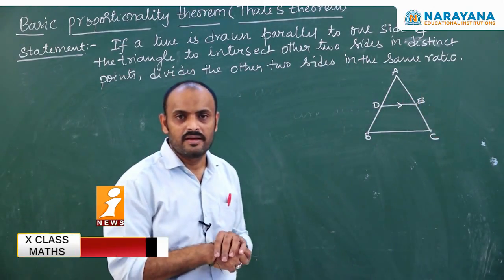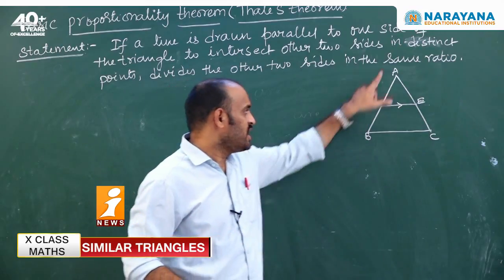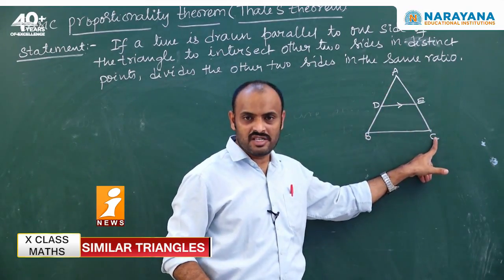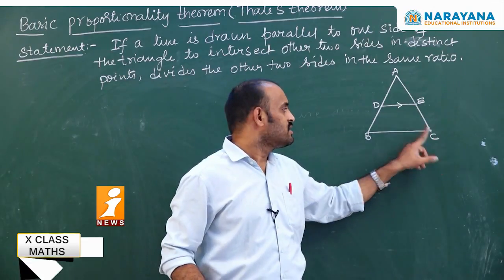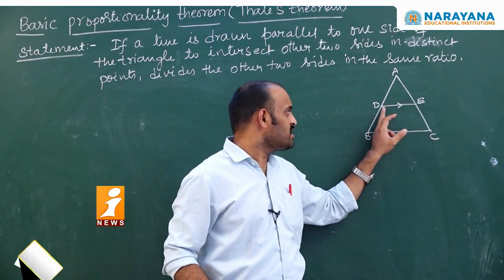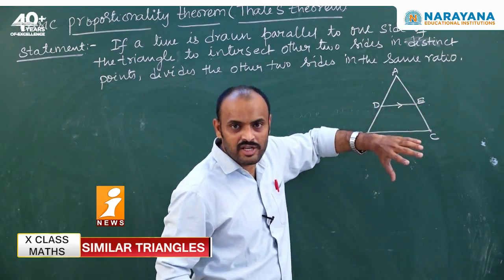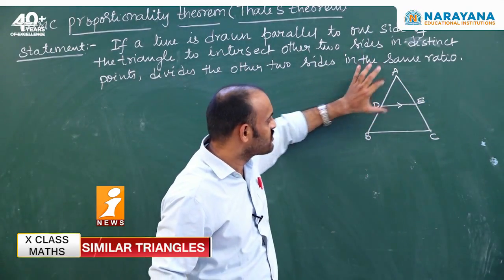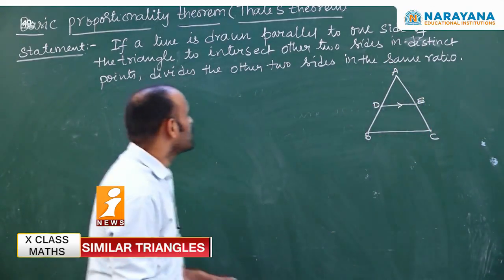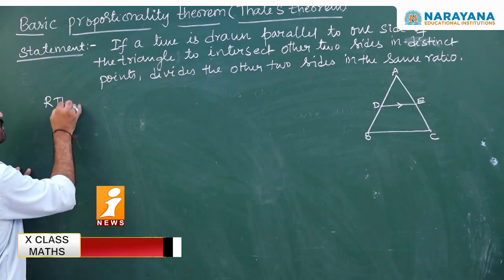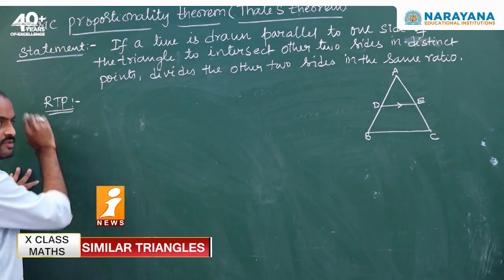See the statement one more time: in any triangle, a line segment drawn parallel to one of the sides intersects the other two sides in two distinct points, and divides the two sides in the same ratio. That means AD by DB is equals to AE by EC. So we have written the statement. Let's write RTP, required to prove.